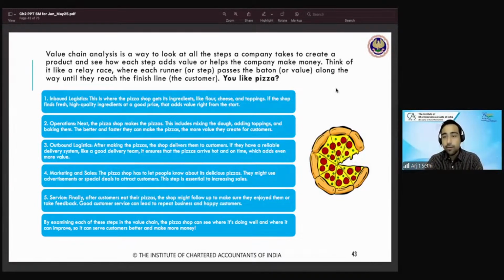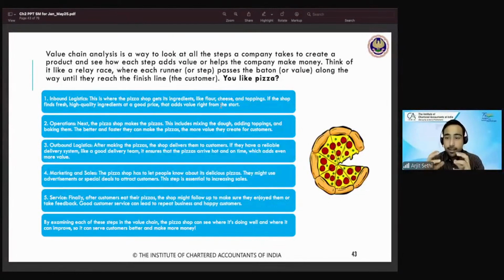Now think of it like a relay race where each runner passes the baton along the way until they reach the finish line. So what this means is the procurement team buys the best product, gives it to production. Production creates the best product and gives it to marketing.